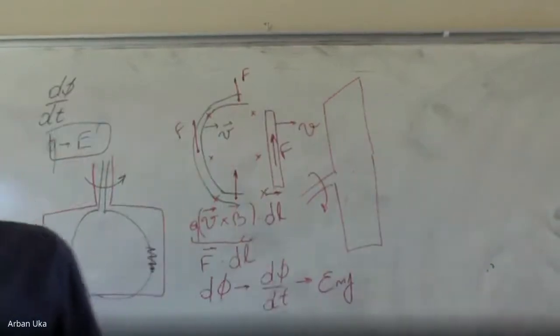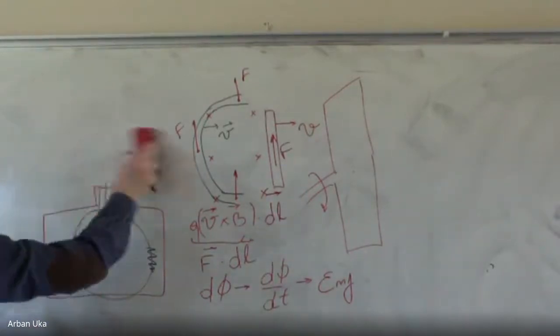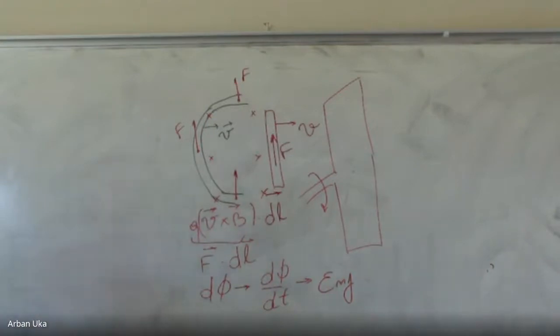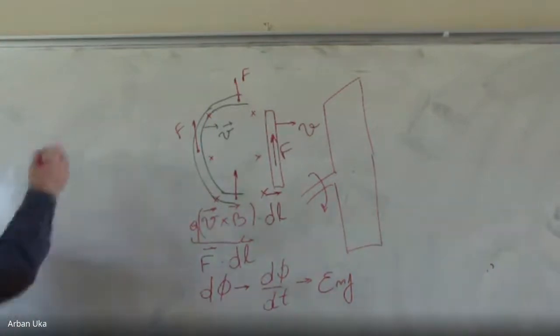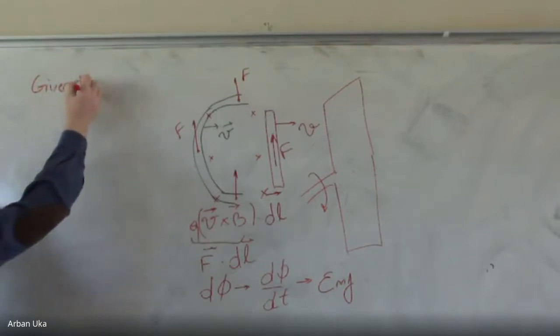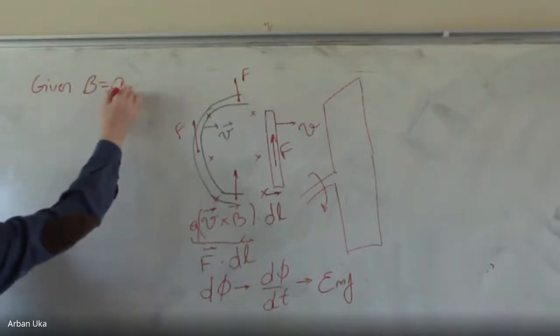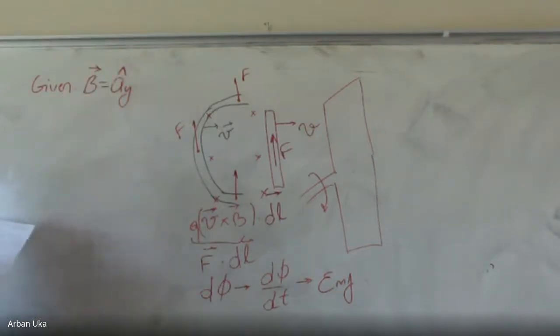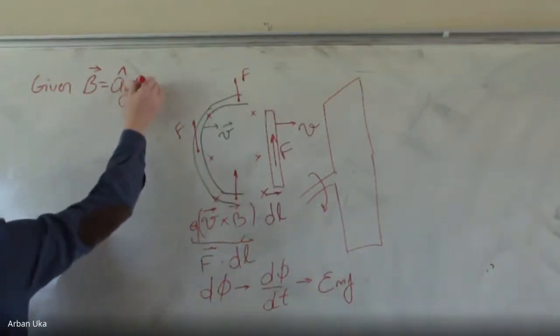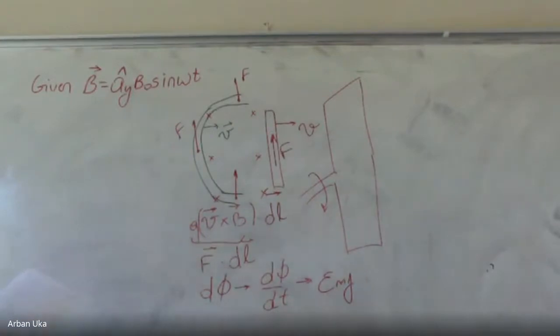Let me use this part of the board. So let's assume that we have a magnetic field, B is equal to a_y B0 sine omega t.